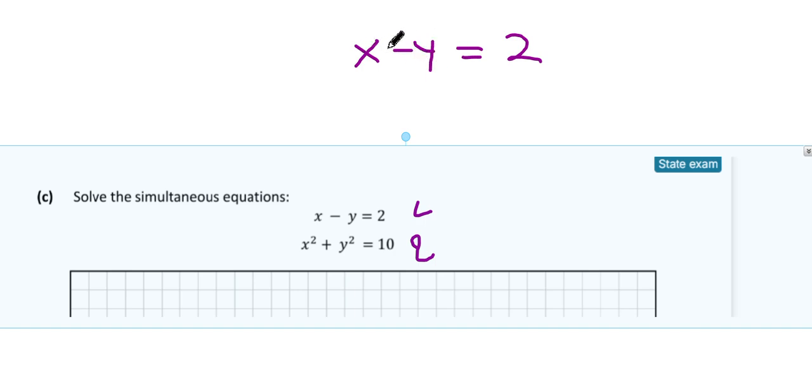You can get X on its own. We'll get X on its own. Bring the Y to the other side, and what do you get? X equals. Okay. Now to pass the question, what's the next step you need to do? We've used the first equation. Have we used the second equation?